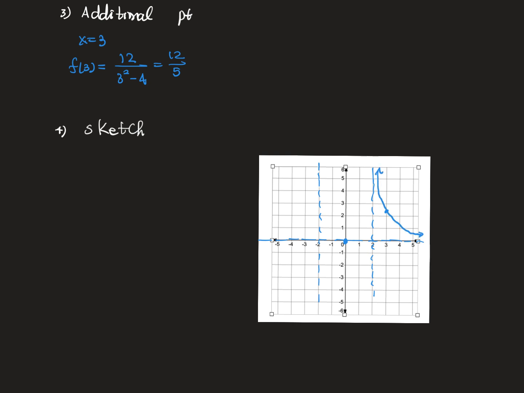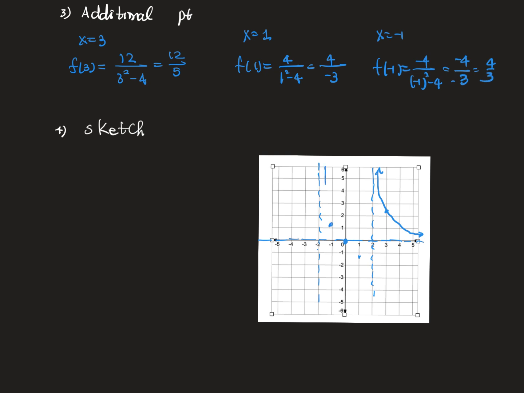Between negative 2 and 2, I'm going to pick x equals 1. f of 1 is 4 over 1 squared minus 4, which is 4 over negative 3. So here is 1, negative 4 over 3, right there. Then x equals negative 1. f of negative 1 is negative 4 over negative 1 squared minus 4, negative 4 over negative 3, which is 4 over 3. Here it is right there.